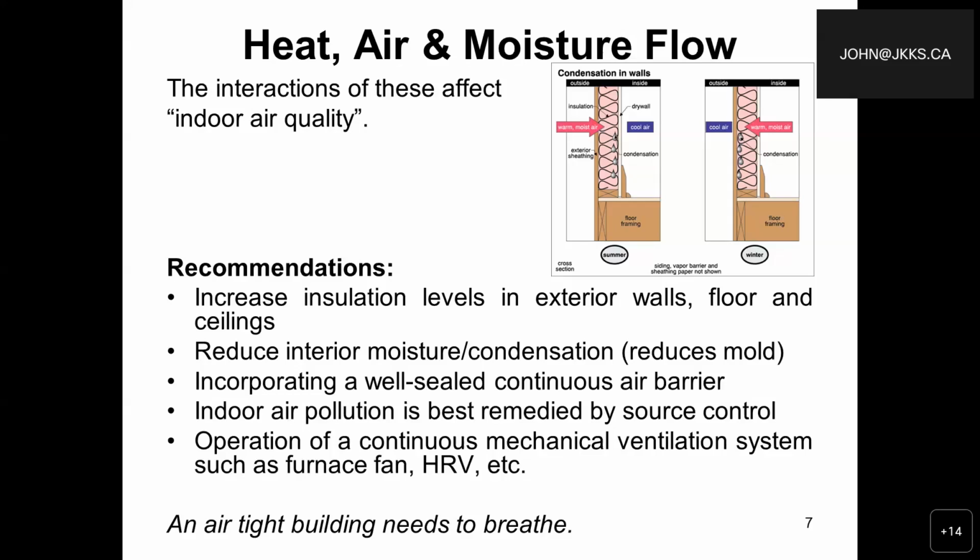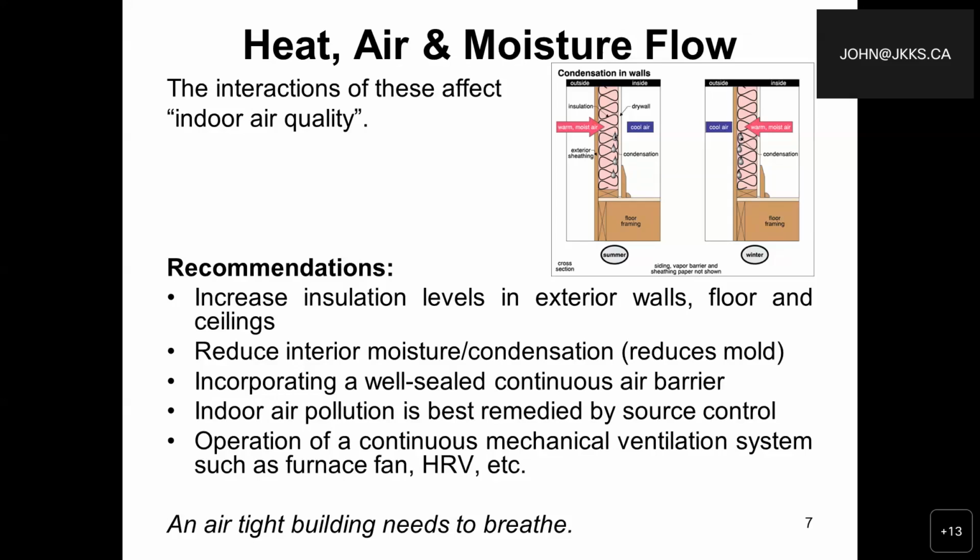If we take a look at it in the winter, look at where the moisture and condensation accumulate: towards the outside, okay? Because we also have heated air trying to escape to that cooler surface, which we talked about earlier. So those are the flow mechanisms.